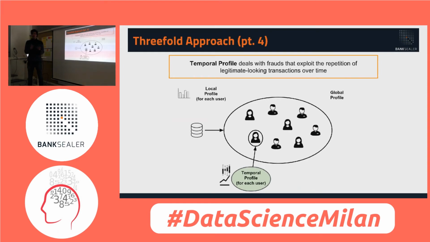Maybe you have 10 transactions, and if you take a single transaction, it seems fair and fine, but it is not. So this algorithm analyzes the user in a specific time window and understands the behavior of the user in that time window. You're not taking into account a single transaction, but a bunch of transactions, and you're analyzing them together.